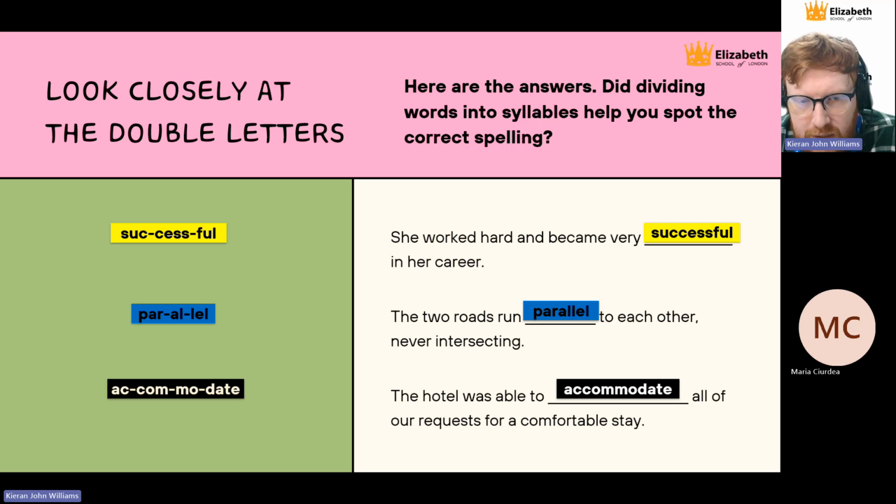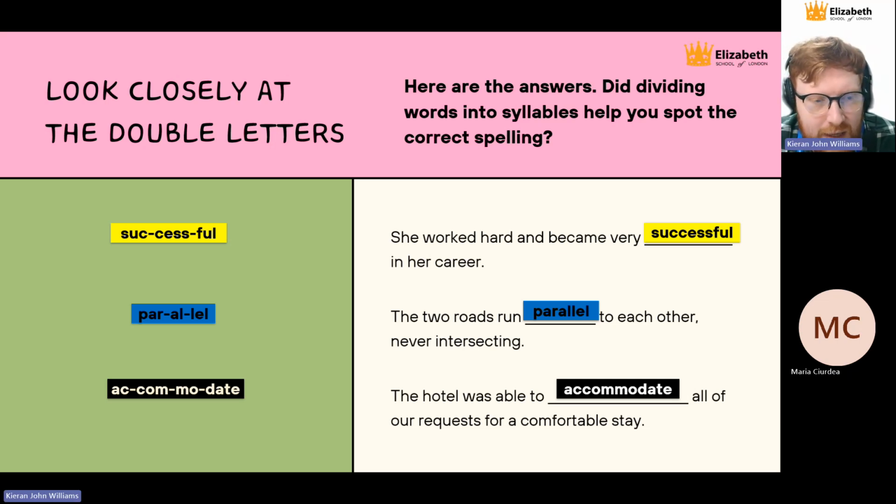So it was that one there, so successful. And the second one was parallel, like that. And I understand what you tried to do with the last one. Because it had double D, you were thinking that's where you split the sound. But the correct answer here was the black one, accommodate. Accommodate. Yeah. Okay. All right.